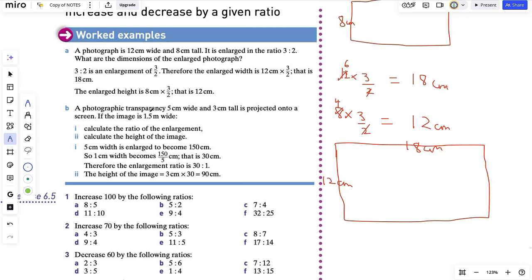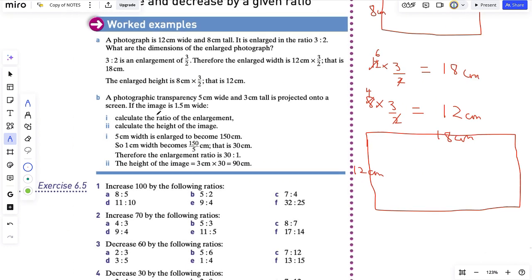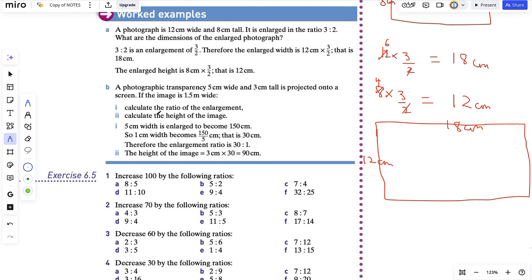A photographic transparency 5 centimeter wide and 3 centimeter tall is projected onto a screen. If the image is 1.5 meter wide, calculate the ratio of the enlargement. The English looks a bit suspicious.